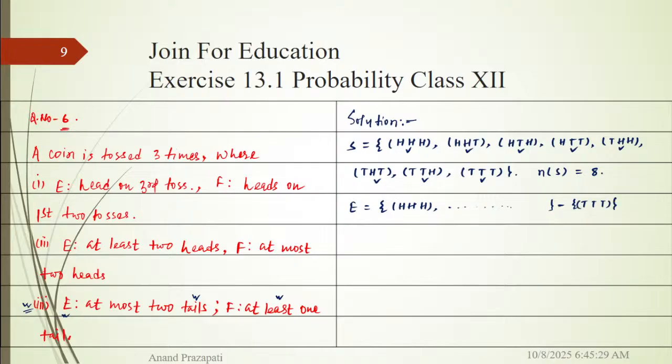So here the number of E will be 7. There is no problem to understand up to this step. So event F is saying that at least 1 tail.